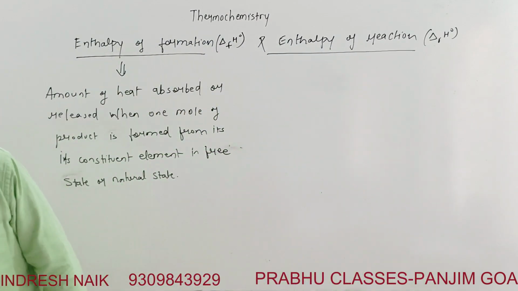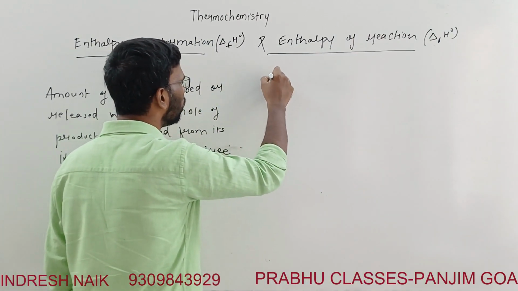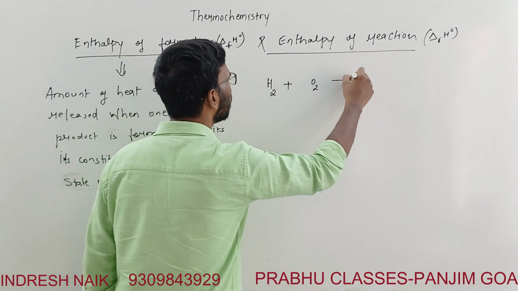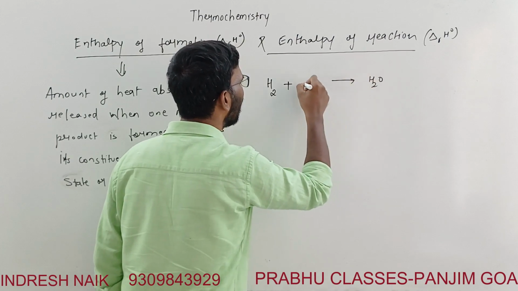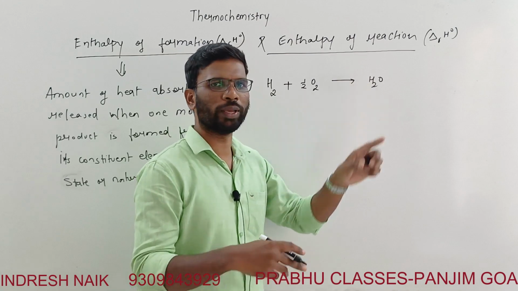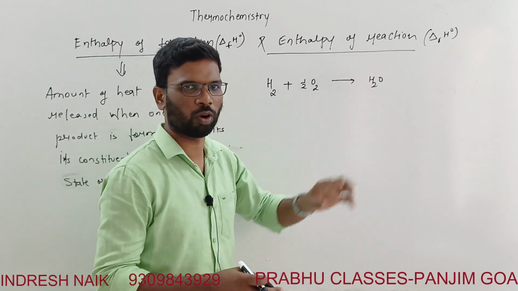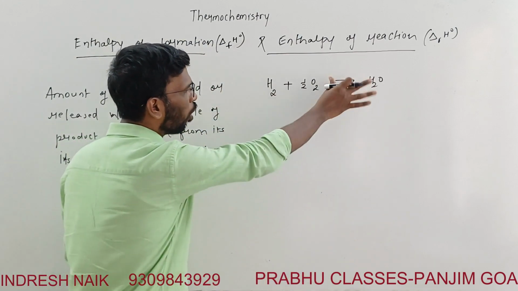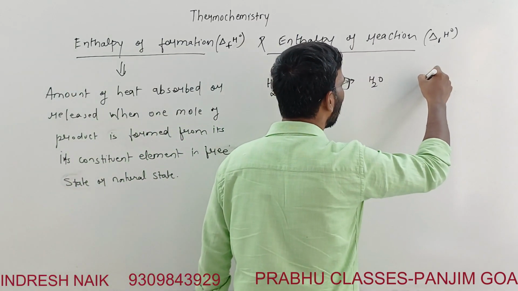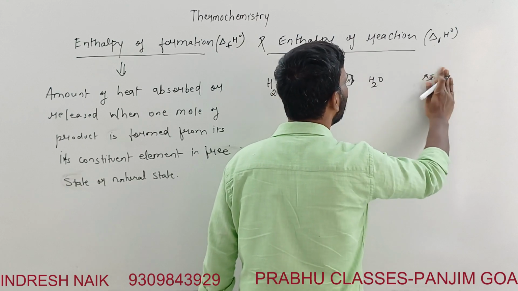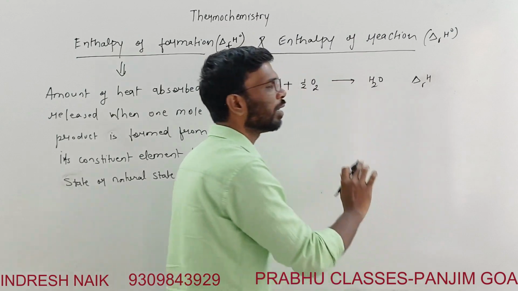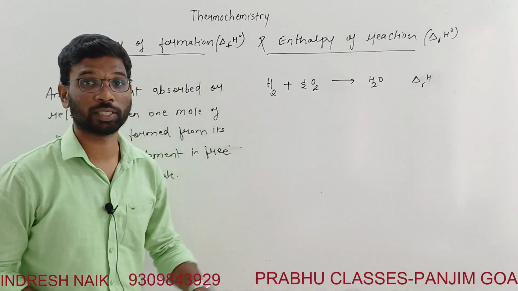We'll take an example of this: hydrogen and oxygen giving you water. I'll make this half mole, not balanced by 2 and putting 2 over here. I'll not balance that because I want 1 mole of water. So here, to form water, there will be some heat released. I will write that here, enthalpy of the reaction, delta R H. There will be a certain enthalpy of the reaction for this.